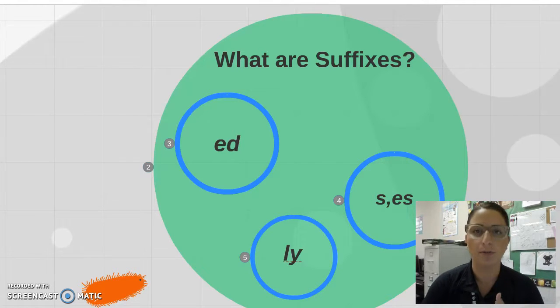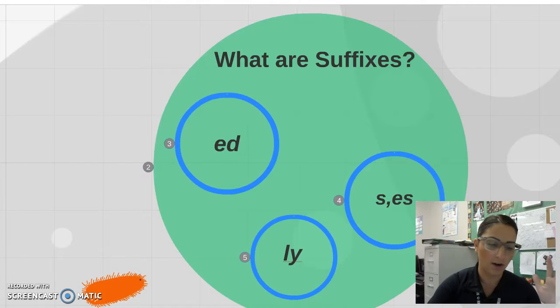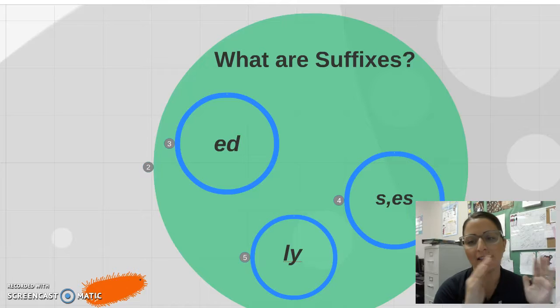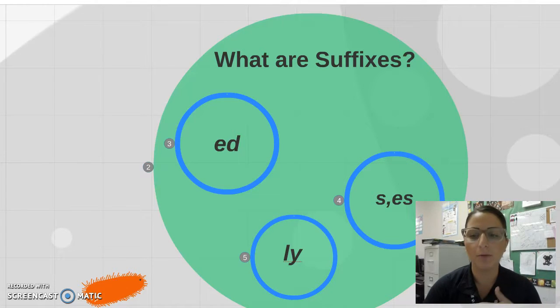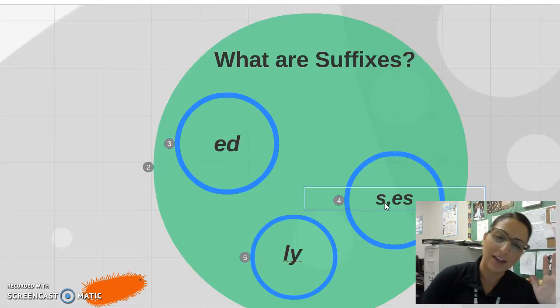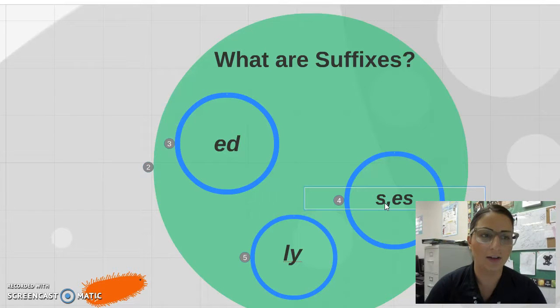I like to use sports references because that's what we do in my class. So suffixes are at the end of a word and change the meaning of that word. The ones we're going to focus on today are ed, ly, s, and es. S and es work in similar ways, so they're put in the same category.